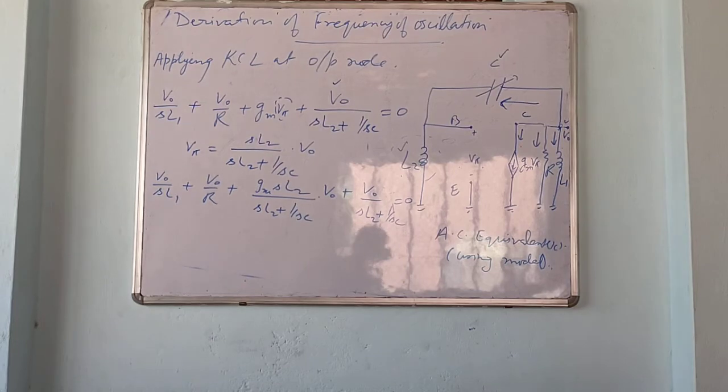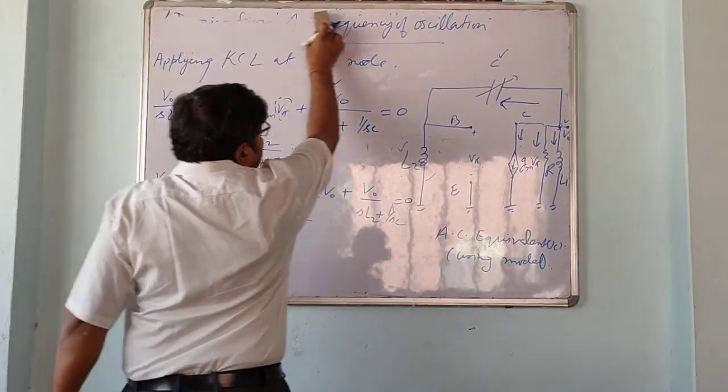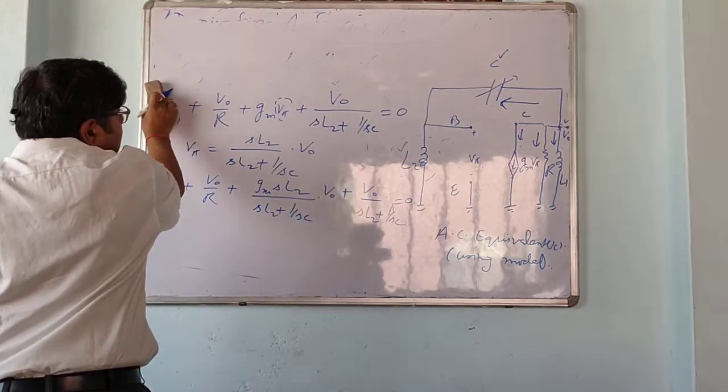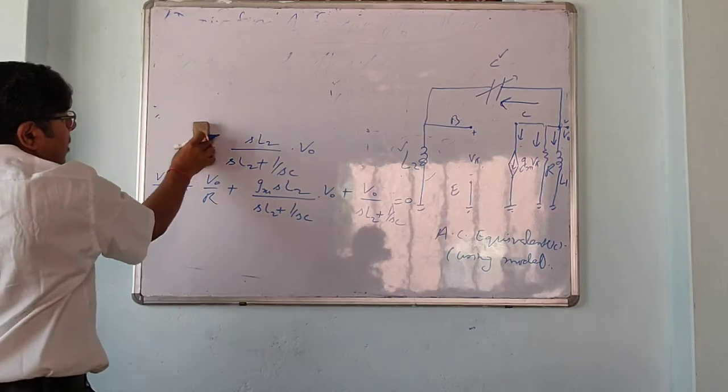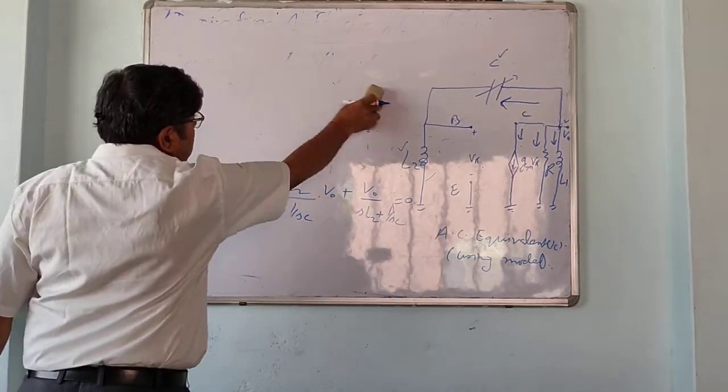Simply replacing the value of V pi. So now from this we will proceed with the derivation of frequency of oscillation. So this is the expression.